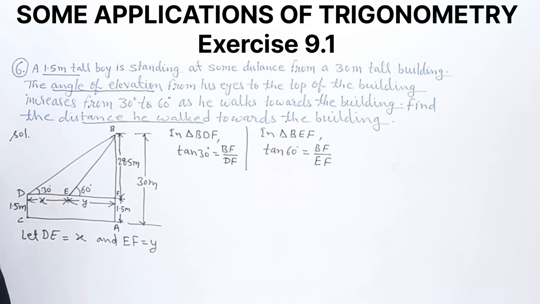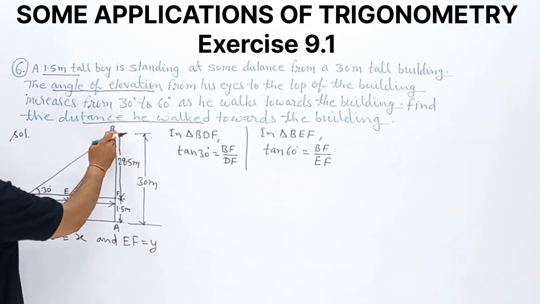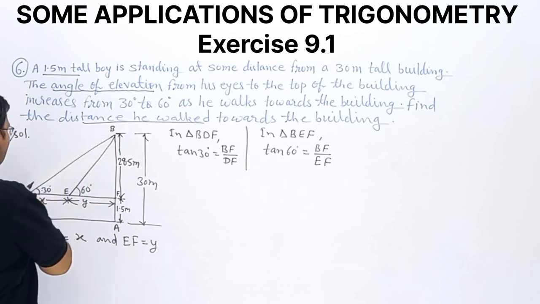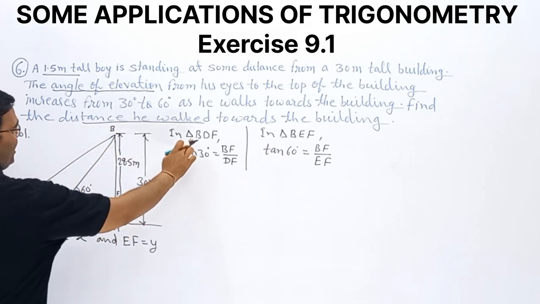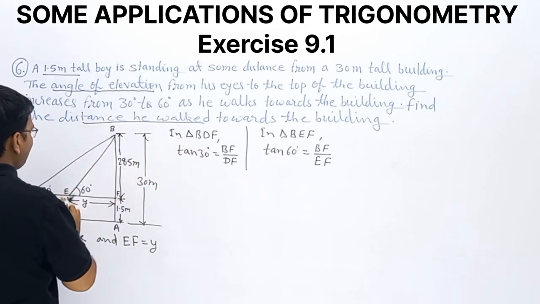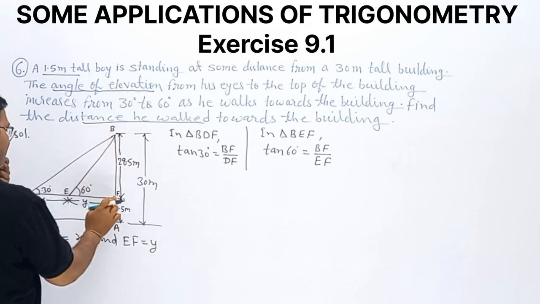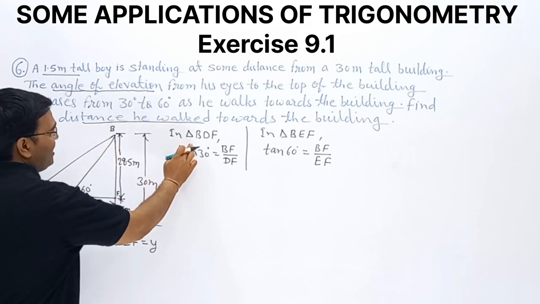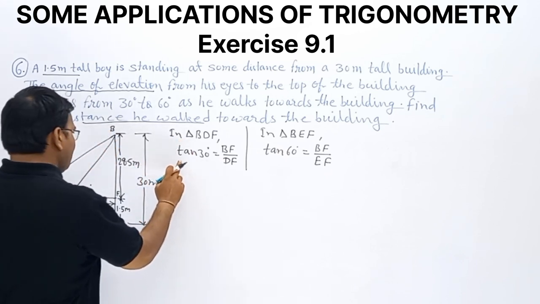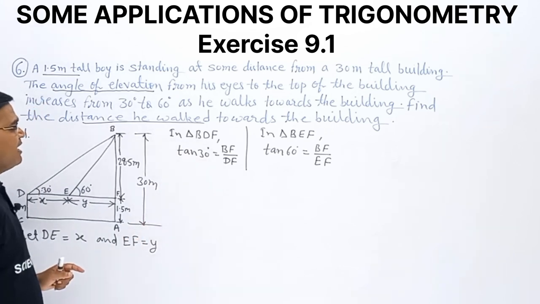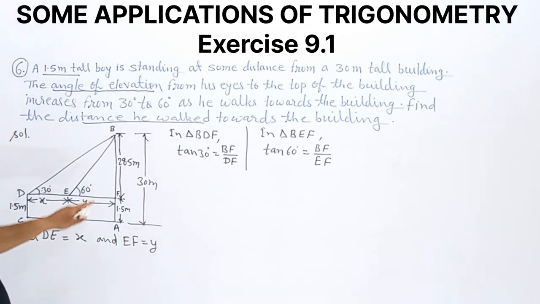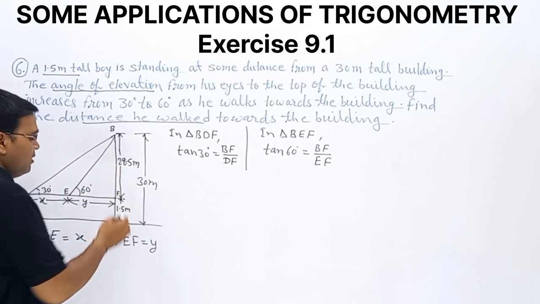Now we require this one. So how we will obtain this distance? So first we will consider this angle BDF in triangle, or this is a right triangle. BDF is what? Right triangle. In this triangle BDF, tangent 30. Why we are using tangent 30? Because we are having, this is the acute angle, and opposite of acute angle will be what?